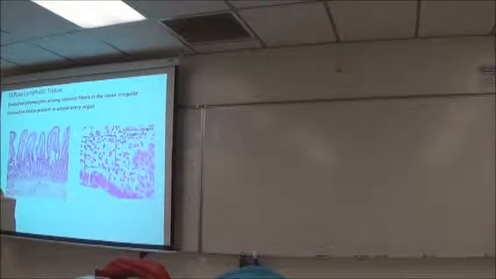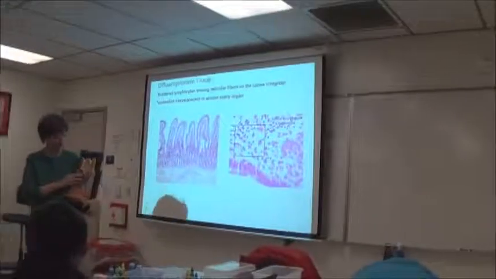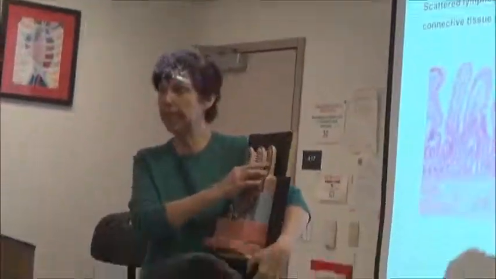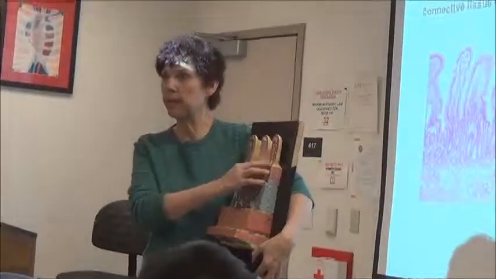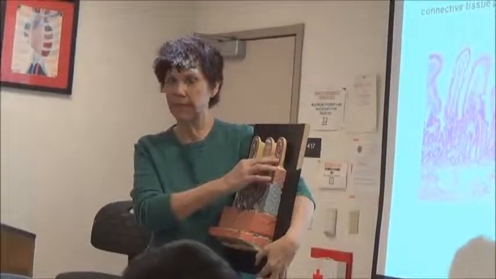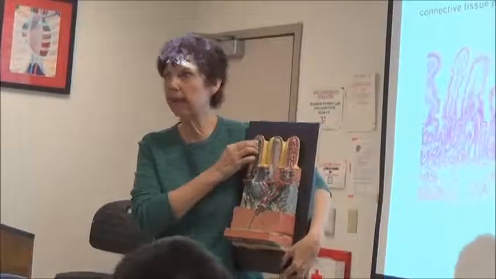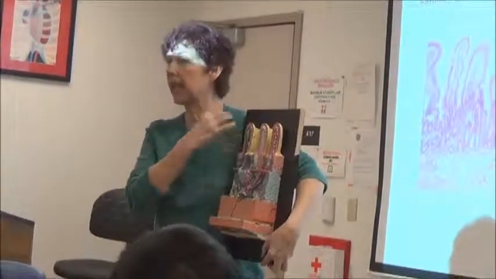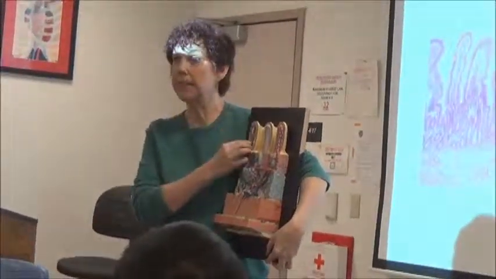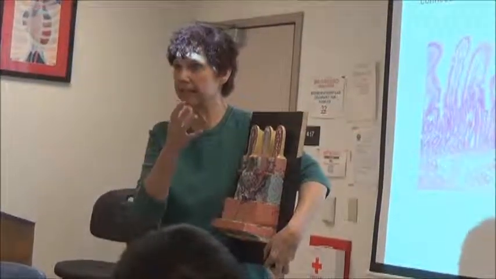And that's what this model is that we'll look at towards the end. And this green structure right here, these are the blood capillaries picking up amino acids and simple sugars.